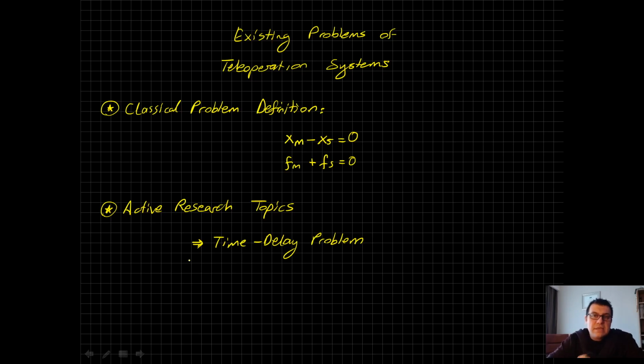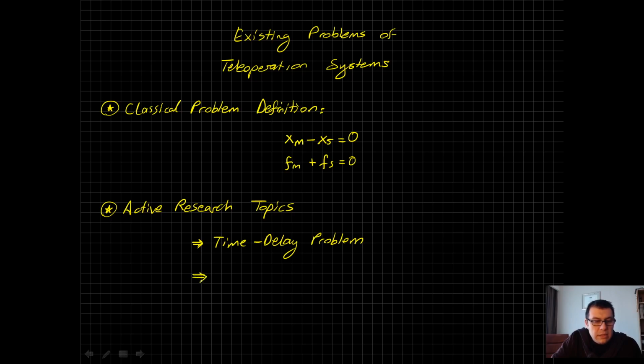So time delay is a serious problem, and scientists have been working on this problem for many years. I also worked on that problem for a while, and we have come up with certain solutions, but those solutions still require certain improvements. Time delay is still an active research topic in that field.